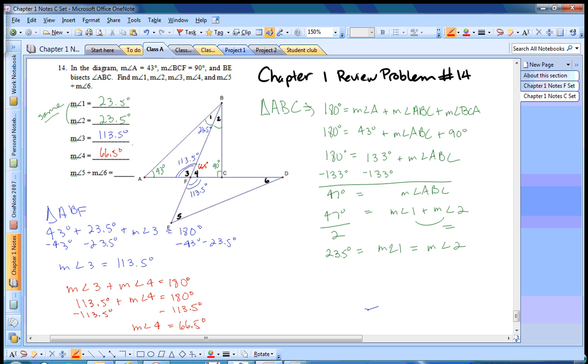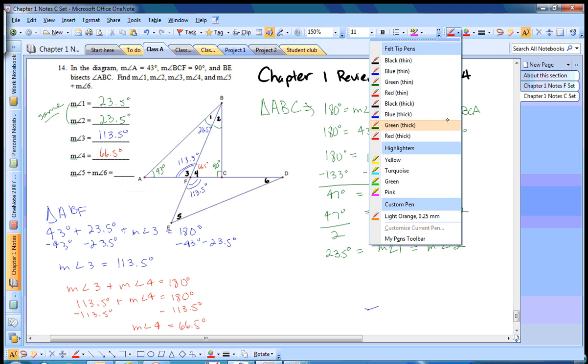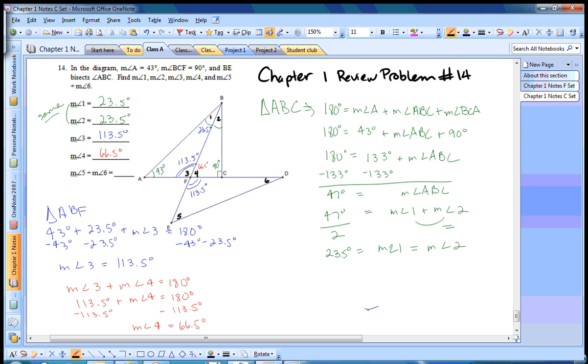Alright, so finally all I have left is this measure of angle 5 plus the measure of angle 6. Now there's actually a couple of ways to go about doing this. One thing that I can do, and let me change the color one last time, let's try black, is acknowledge that I have another triangle here. Let's say triangle FED. And we know that triangle FED should add to 180.